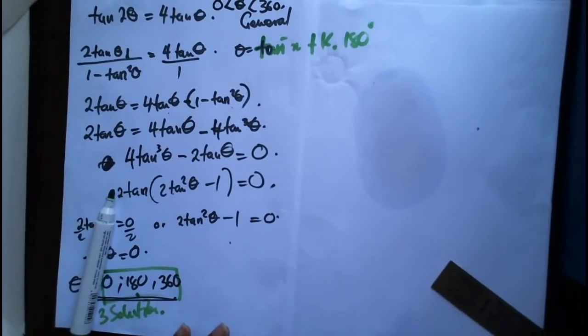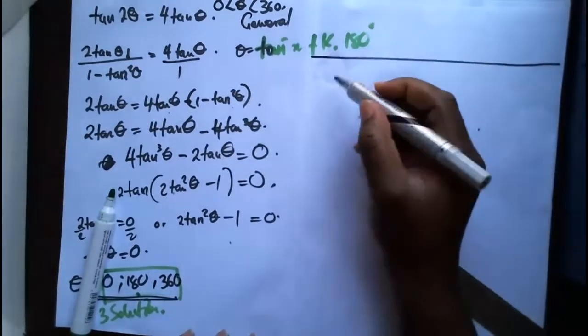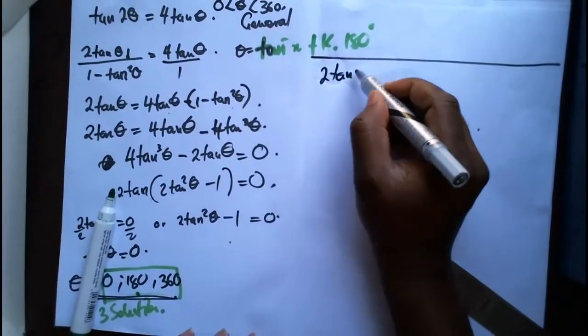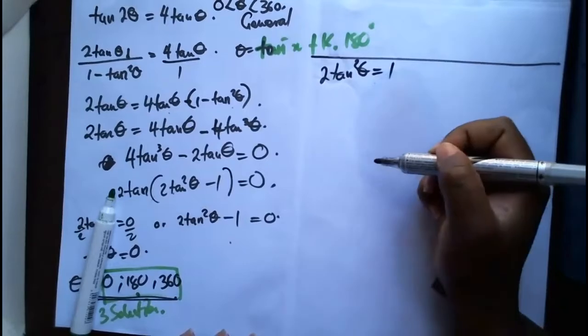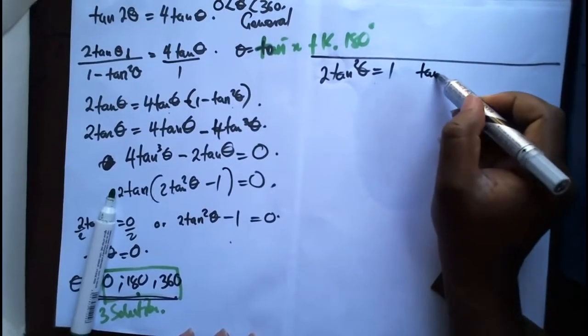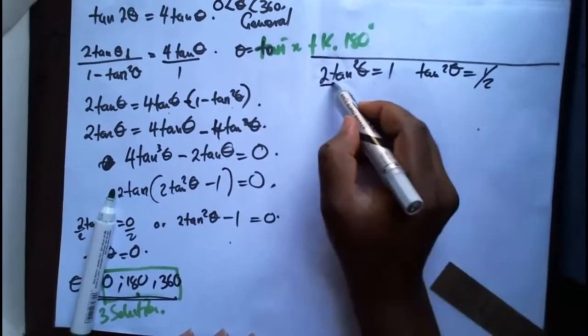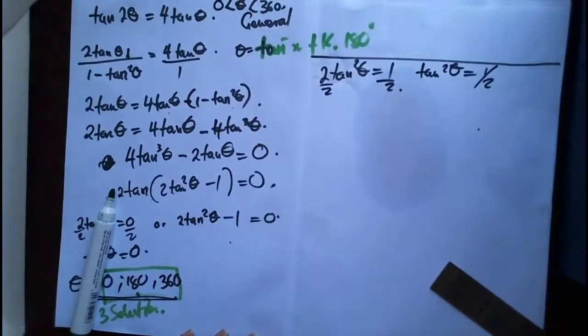With this one, I will have 2 tan squared theta is equal to 1. Then, therefore, tan squared theta is equal to half, because I can divide both sides by 2.